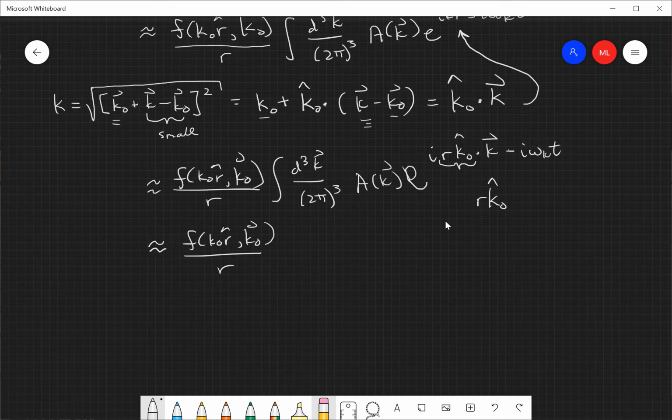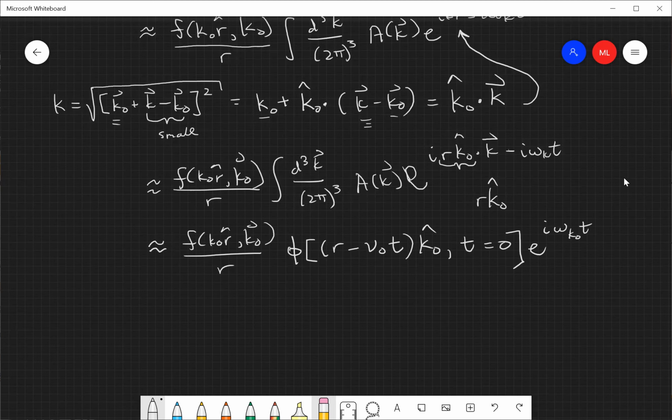It's going to be the original wave packet form evaluated not at r minus v, but everything's along the same direction. So it's magnitude of r minus v naught t, and it's evaluated along the k naught direction, the direction of the incoming particle, at the t equals 0 portion. And of course, there's leftover e^(iω_k0 t).